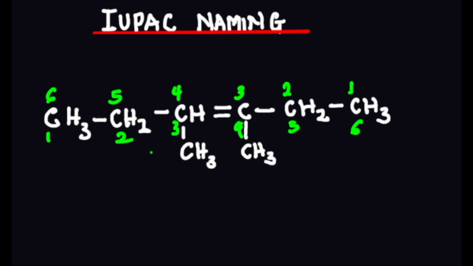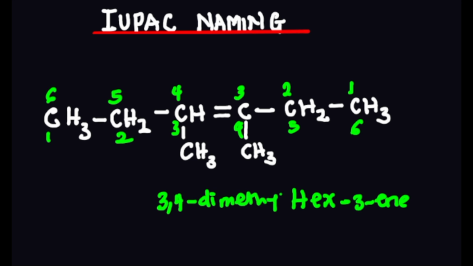Since 6 is the longest carbon chain here, that's going to represent hex, and the position of the double bond is 3, so hex-3-ene. The attachments are on positions 3 and 4, so we're going to have 3,4-dimethylhex-3-ene. Dimethyl says that we are having 2 methyl groups, and on position 3 we have the double bond, which is 3-ene. So that's going to be the name.